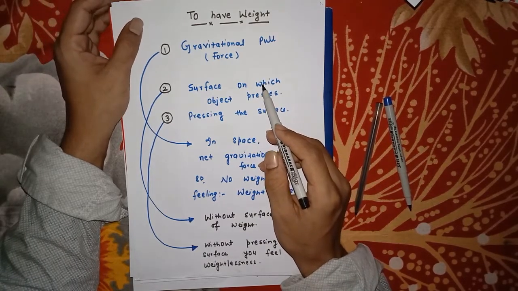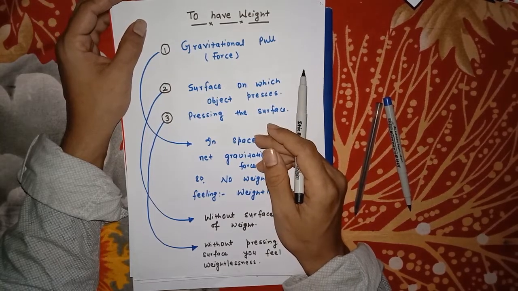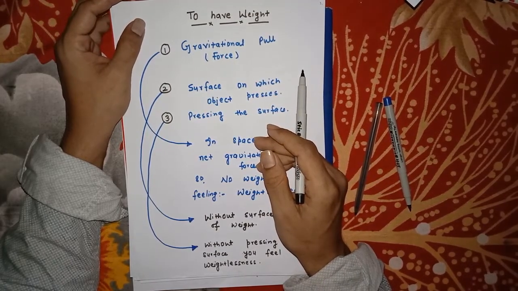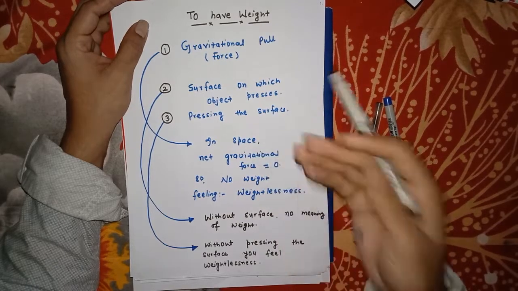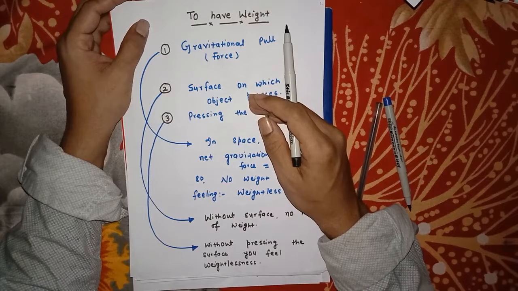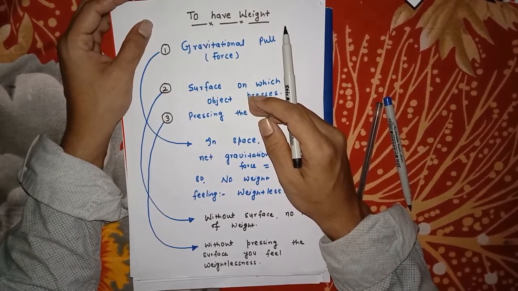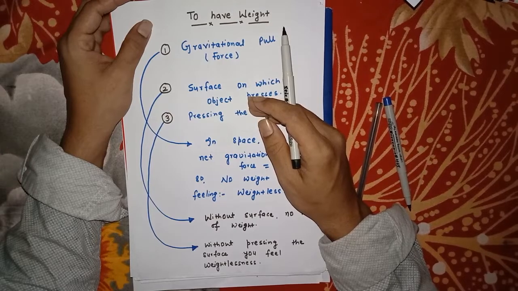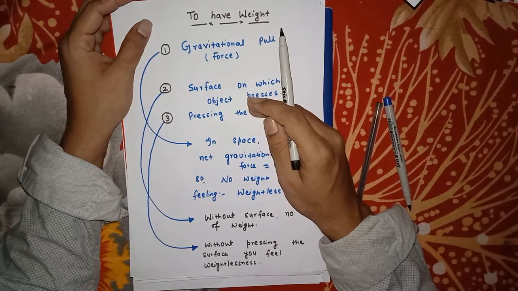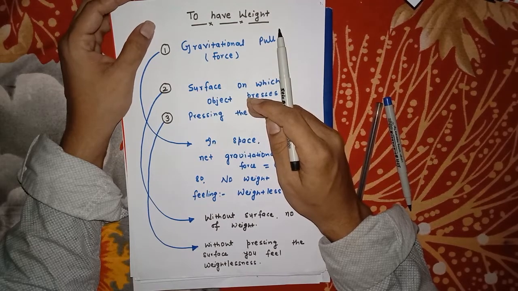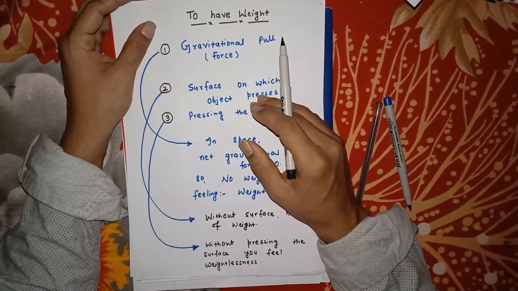Now if you are on the surface and there is no pressing, as in space, if there is a weighing machine at the bottom of your foot, how much weight does it read in the machine? Obviously it reads null or empty or no reading at all. Why? Because even if you have a surface to press, you cannot press it in space.